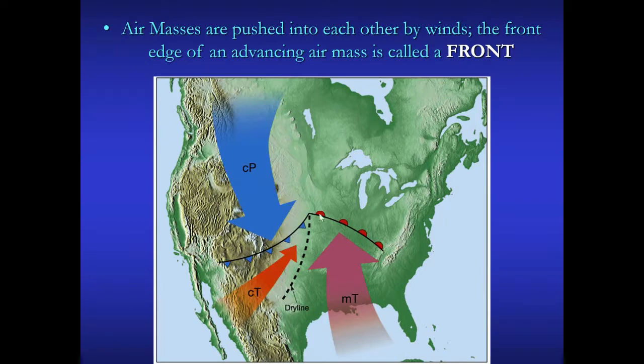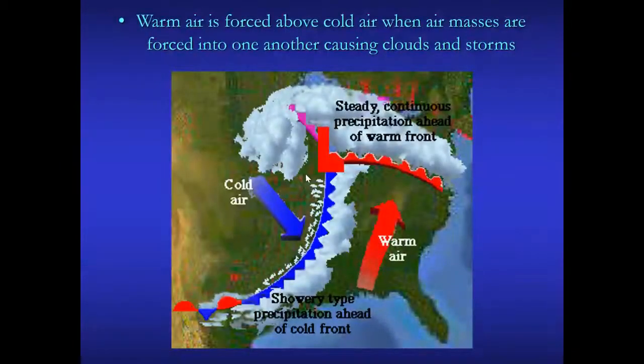But the boundaries between these air masses are called fronts. You can see pictured here a cold front and a warm front. Cold fronts are basically where cold air is advancing into other air. It's depicted by these blue triangles, and the triangles point in the direction of the frontal movement.